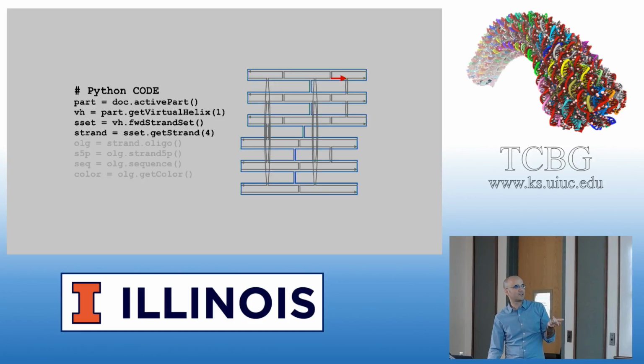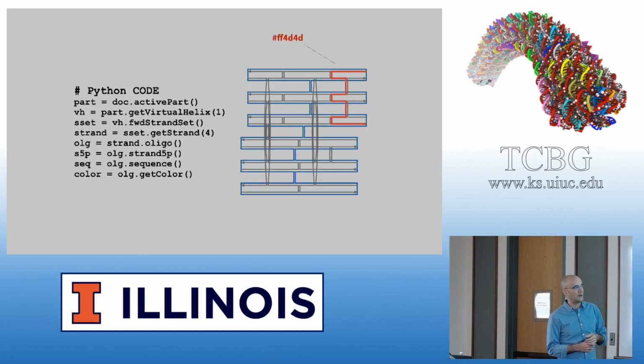We can get a specific strand. We can ask that strand for its oligo. We can get the 5' strand of that or the sequence. So you can see how this is going, right? You can really start building your own tools on top of this API. And this is just one example, but you can have coordinates, or there are many things that you can do with this.